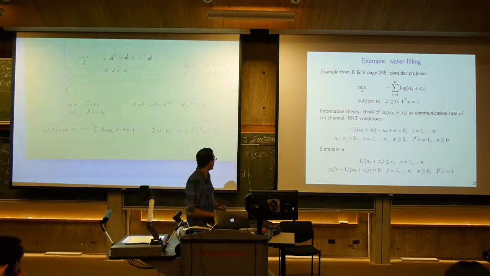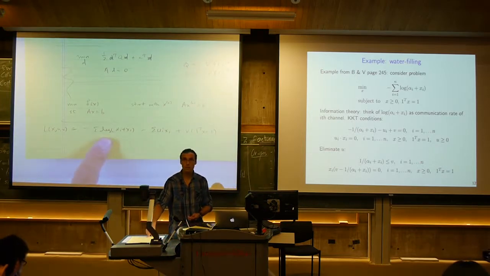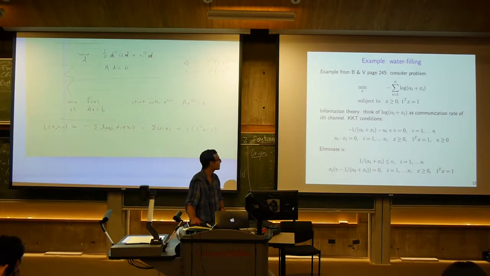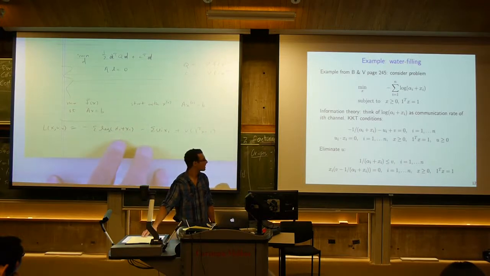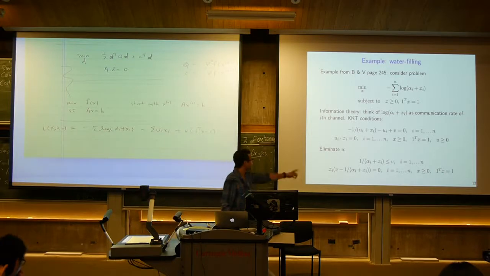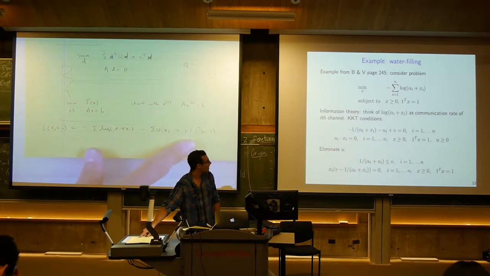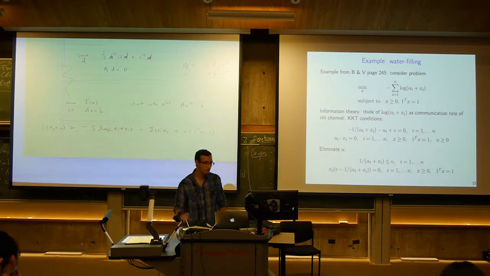And now stationarity has me differentiate this with respect to x and set it equal to 0. Again, everything here is smooth and convex, so I can do that. So the first term, if I differentiate with respect to x_i for each i and set that equal to 0, I get just minus 1 over alpha_i plus x_i. This term just gives me minus u_i, and this term just gives me v, because this is just the sum of x_i's.